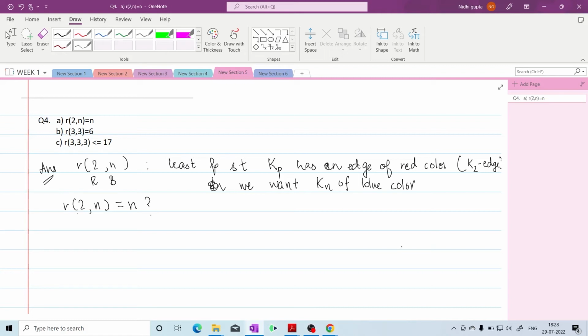First of all, since we are saying that it's the least p, first we see if n minus 1 works. If we take K(n-1) with all edges of blue color, we cannot have an edge of red color, so we won't have K2 of red color.